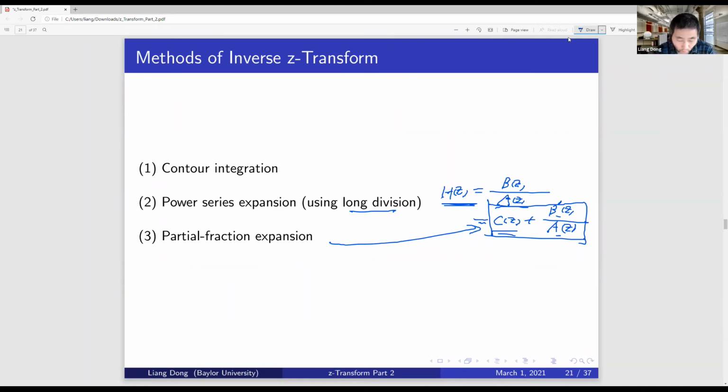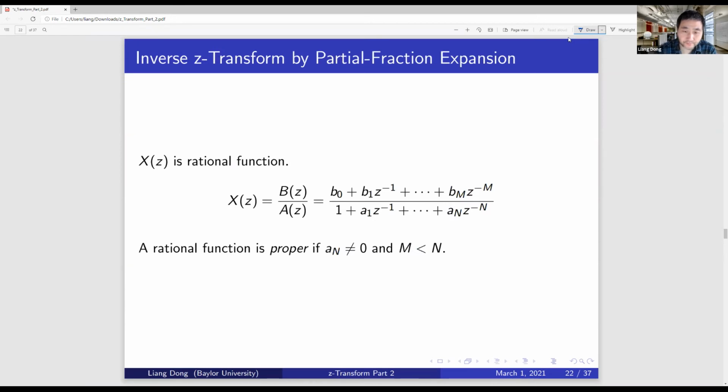Let's see what we can do with some real inverse Z transforms. This is the big direction that we are moving toward. In general, let's use X instead of H, so I'm using X(z). We want to find its inverse Z transform, x(n), for any signal.